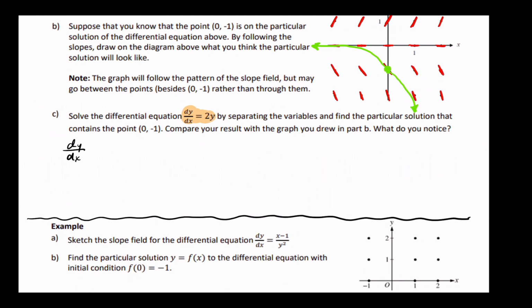So dy dx equals 2y. Move everything with an x to the right, everything with a y to the left. Wait, what am I doing?